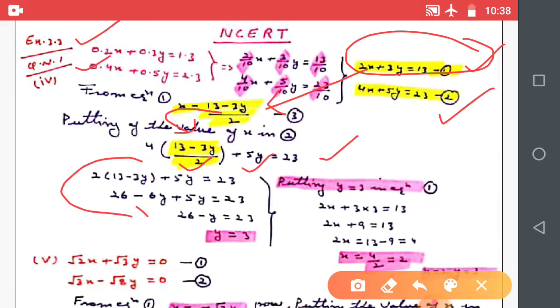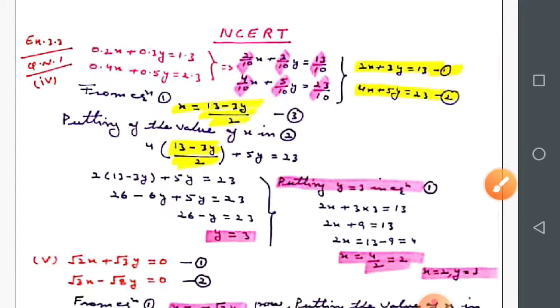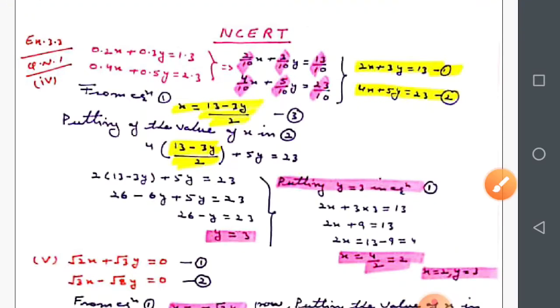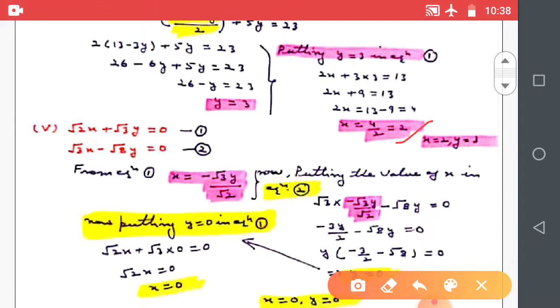When you solve this equation, we get the value of y as 3. Now put this value of y in equation 1. So we get 2x + 3 into 3 = 13 and the value of x is 2. So we have two values, x = 2 and y = 3.